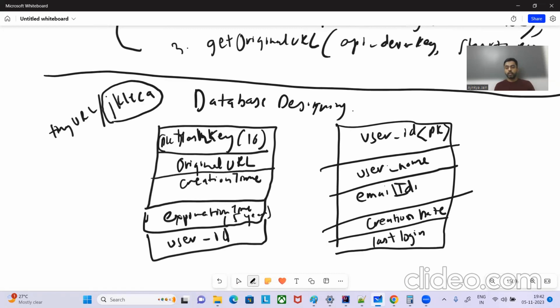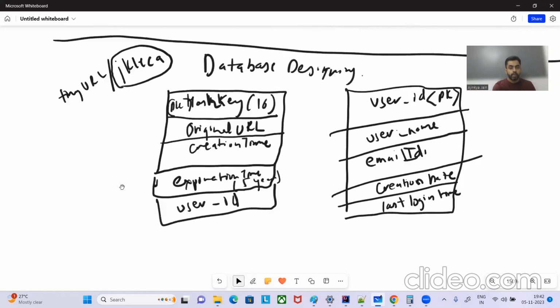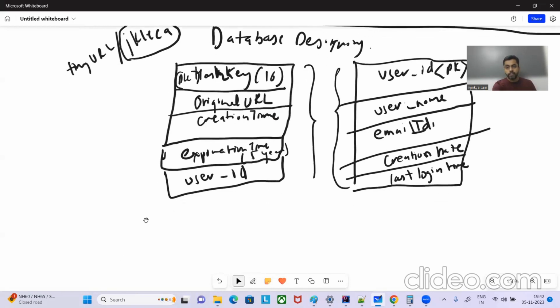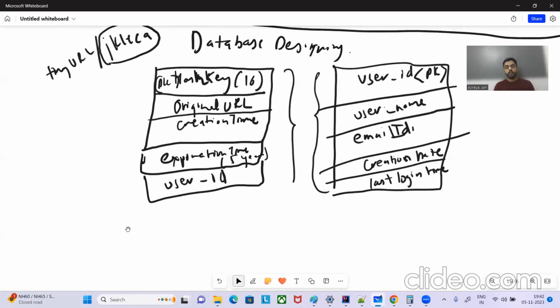Last login time. So on a high level, our system will require these two tables to store the data. Now, what kind of database should we be using, SQL or NoSQL?